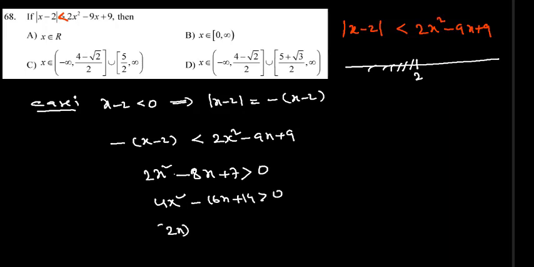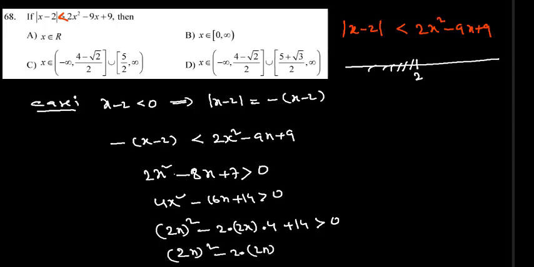I can write (2x) whole square minus 2 into 2x into 4, plus 14 greater than 0. For the square we need 16, so I will add 16 and subtract 16.